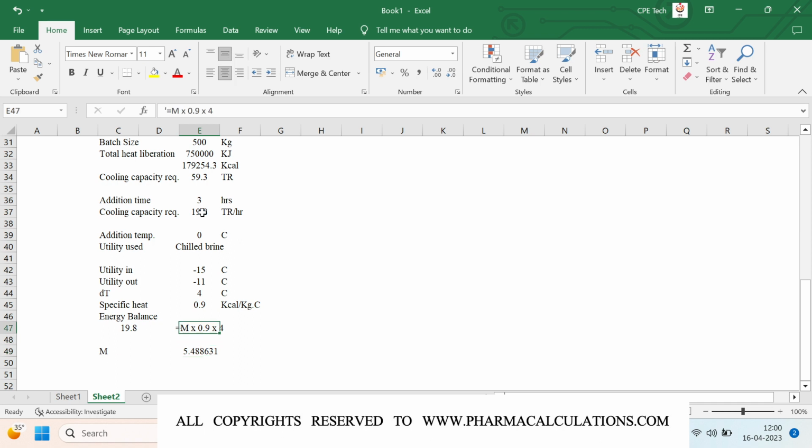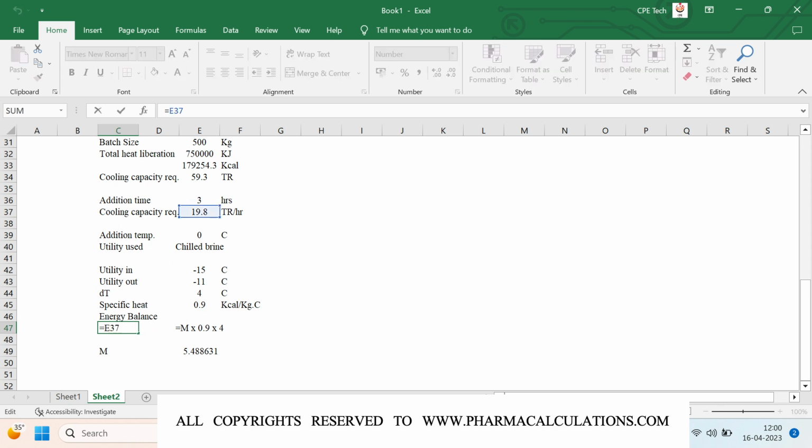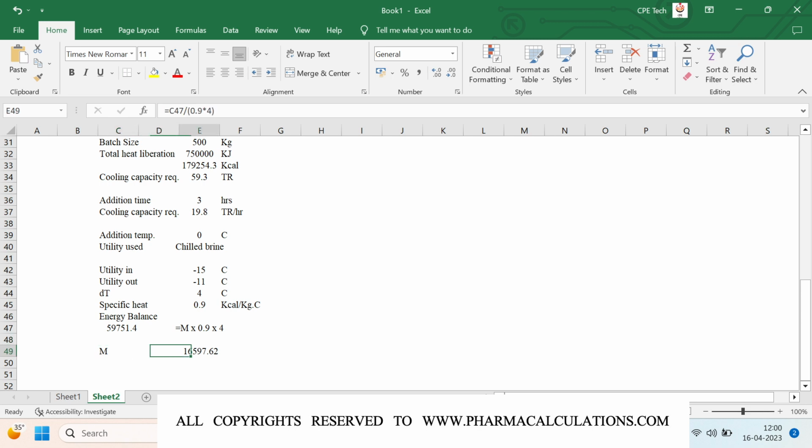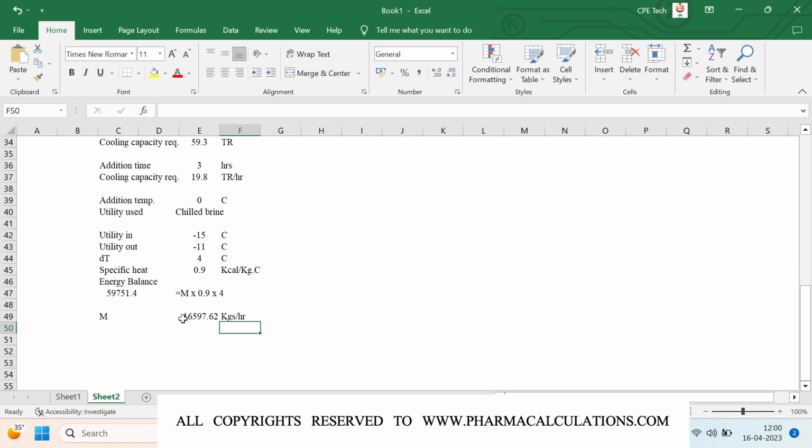So before converting this, let's try to convert this into kilocalories. So just multiply with 3024, and here you get this in kgs per hour. So for the same, we need to convert this into volumetric flow rate. To convert that, we need to divide this mass flow rate with the density.